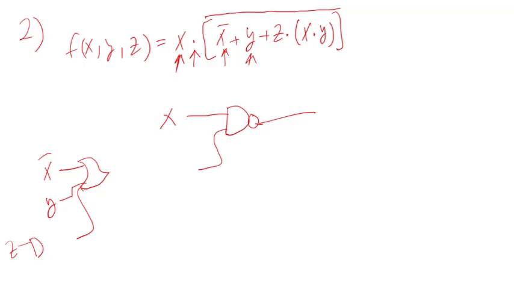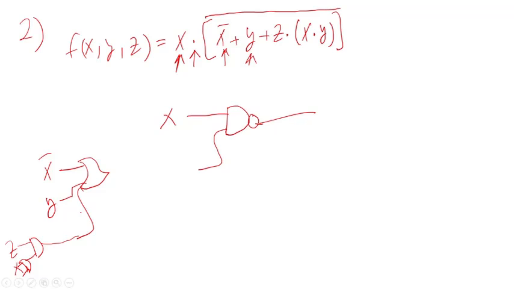And z is ANDed with another AND, so x, y. So I have y here. So you have x, y, x and y, and z.